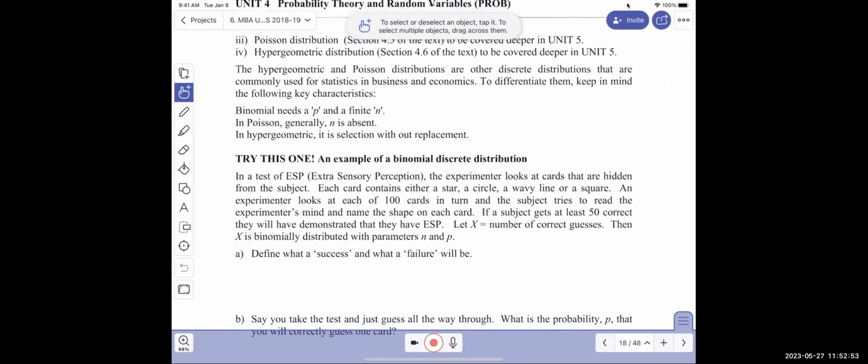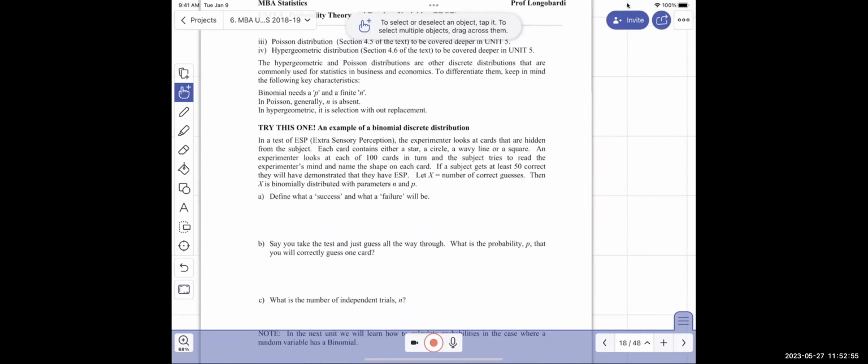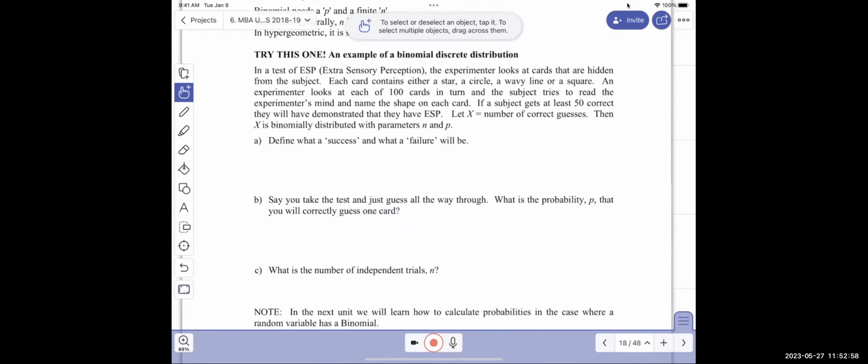All right, so I have a question here to help you. What I really want to do in this part of the module is help you identify binomial distribution as different from those other types of distributions. A binomial has to satisfy the 3 criteria. So in this example about ESP, extrasensory perception, telepathy, you want to think about this experiment testing to see if people have ESP.